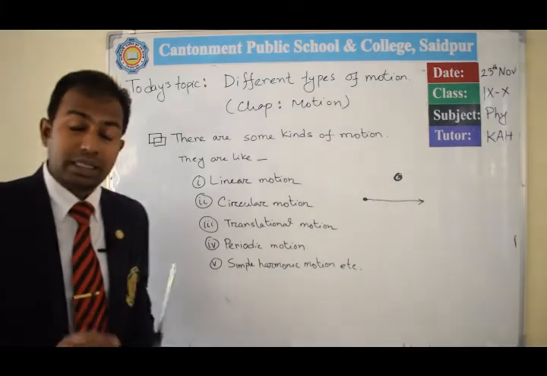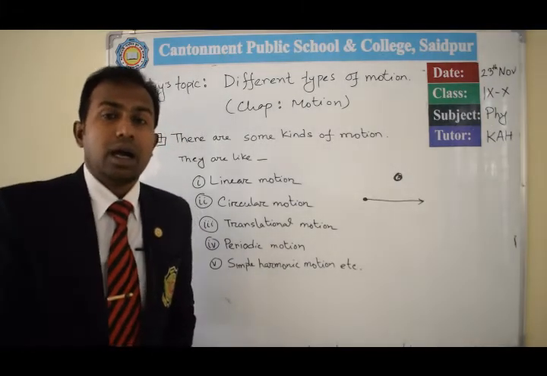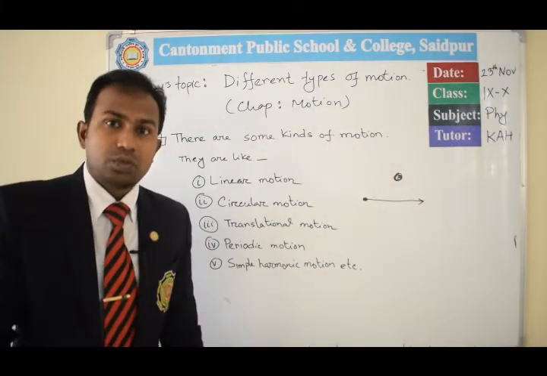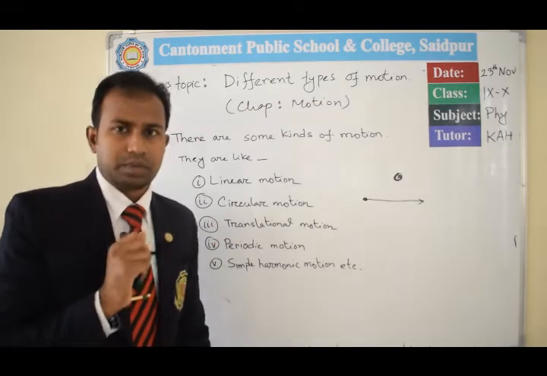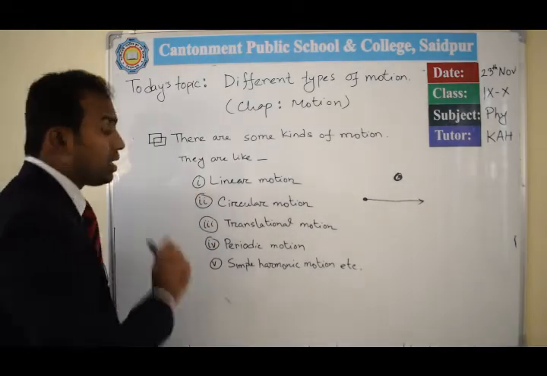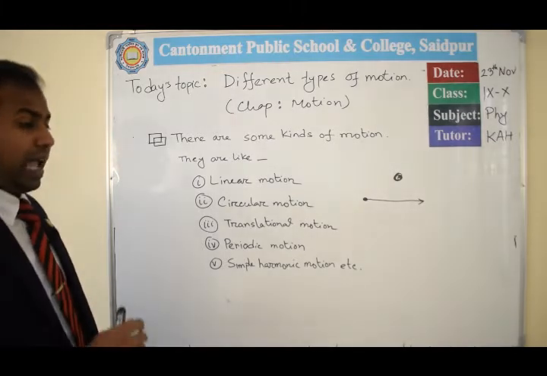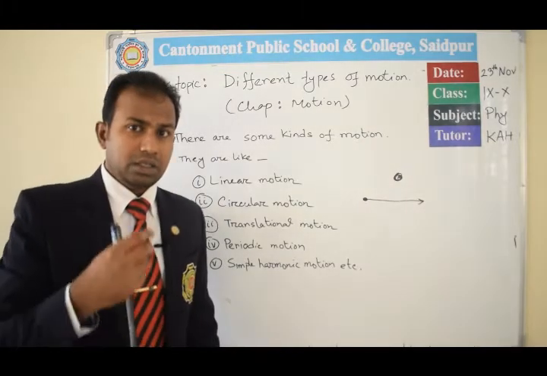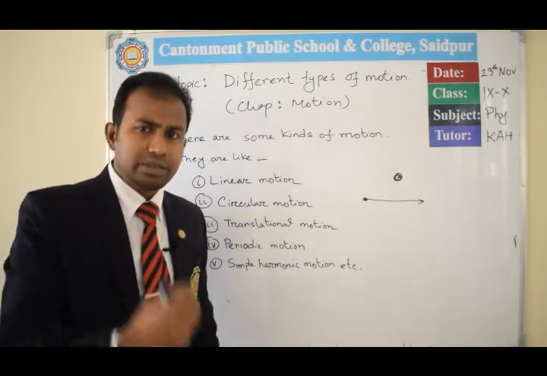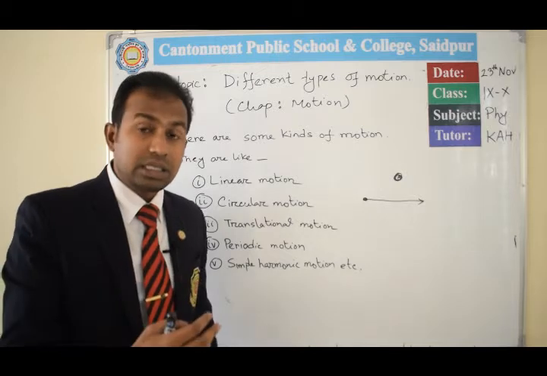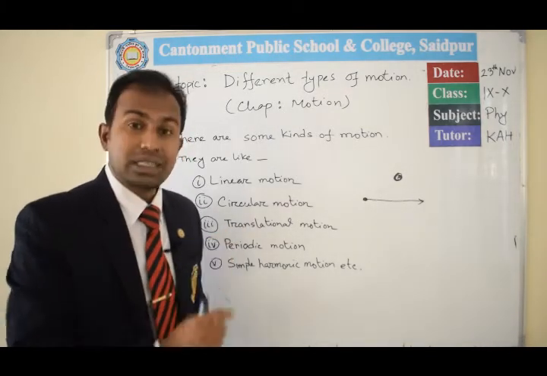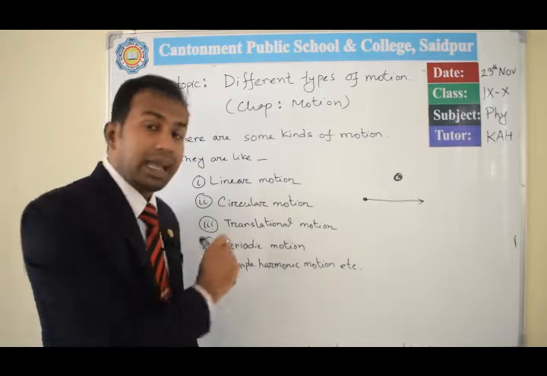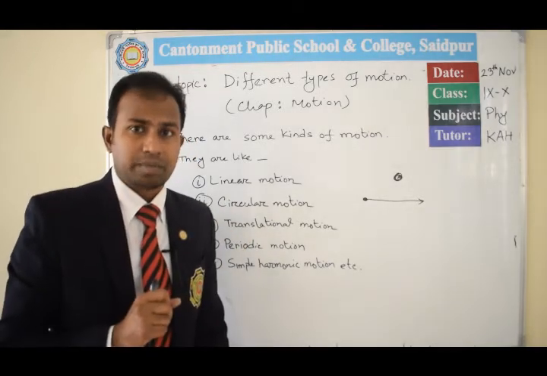Whenever any object changes its position with respect to time from its initial position, that is in motion. So whenever an object changes its displacement in a certain direction along a line, that is linear motion.